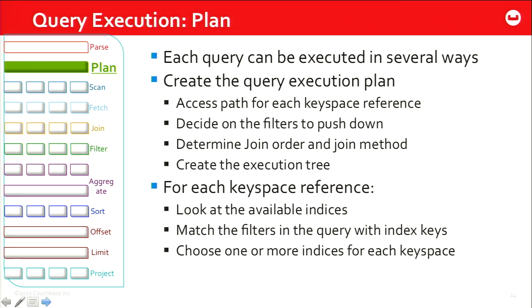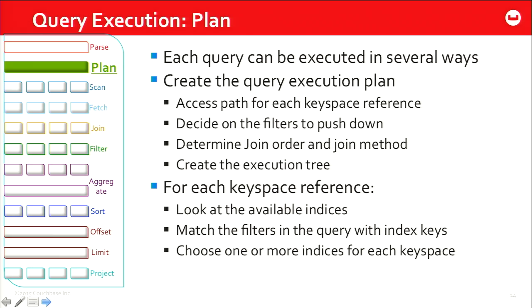So now that we have a valid query, we have to create an execution plan. Each query can be executed in multiple ways, right? In SQL, you specify what needs to be done, not how it needs to be done, usually. And the planner or the optimizer within the query engine figures out how to execute this particular query.